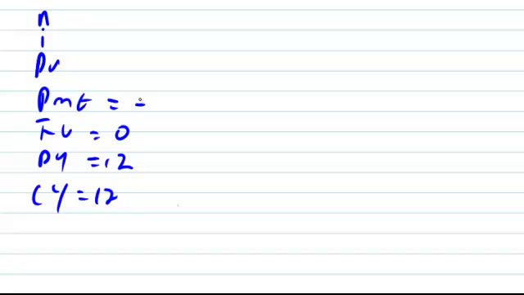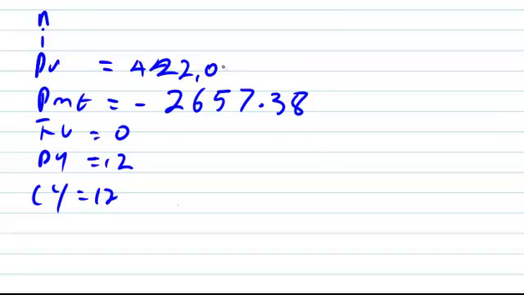Otherwise the person marking it is possibly not going to see what you've done, and if they can't see what you've done and you've just spat out a number, then you're not going to be able to prove what you've been doing. So fill in everything you've got. It all appears on your calculator, so it's not too long. It just takes a little bit of time to write them down, and it's a good thing to check that you've got the right numbers as you go.